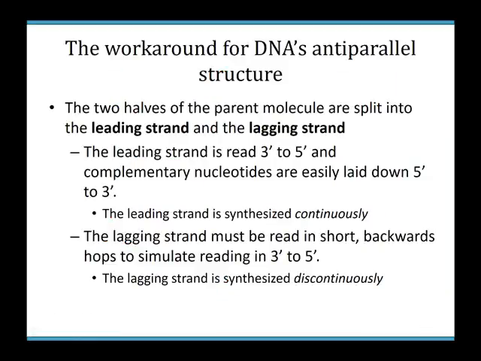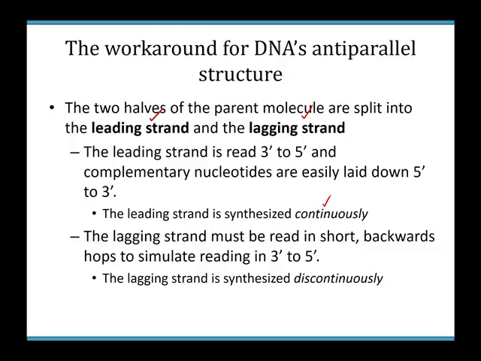Okay, so because of the way we can only read and write in one direction, again we have to separate our DNA strands into a leading strand and a lagging strand. The leading strand is read 3' to 5'. We lay down complementary nucleotides 5' to 3'. Pretty straightforward, right? So the strand is also called the continuous strand because once we're on there, we just keep going. The lagging strand, we have to find this weird workaround.